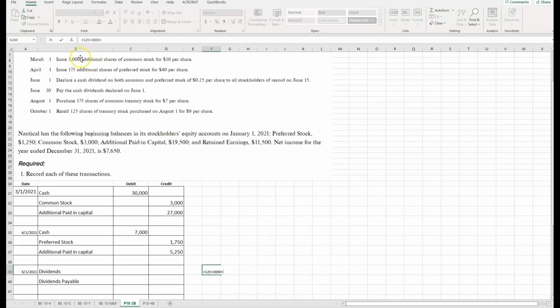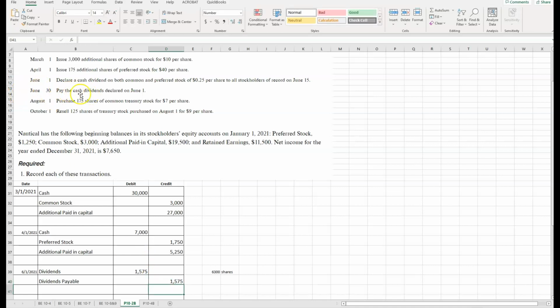And then we issued an additional 3,000. And we issued an additional 175. So we have 6,300 shares. And we're paying 25 cents per share. So $15.75.